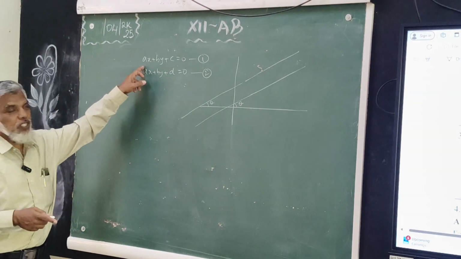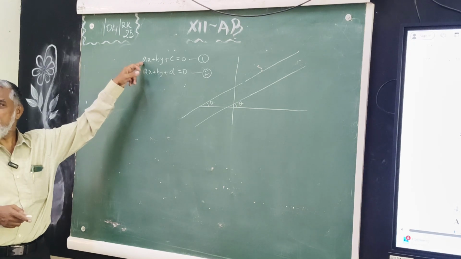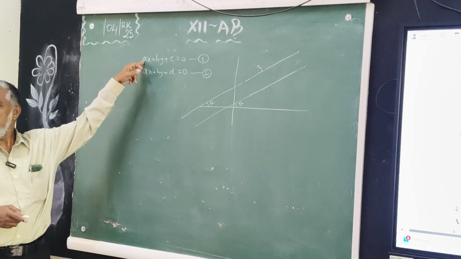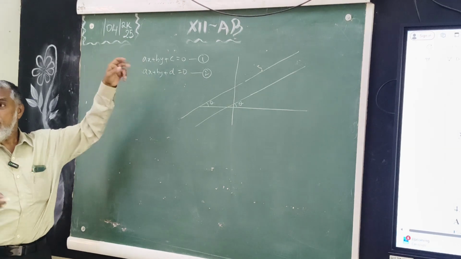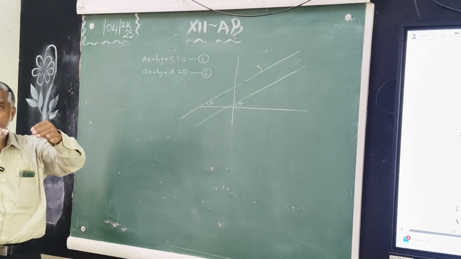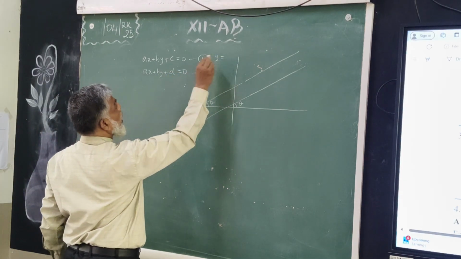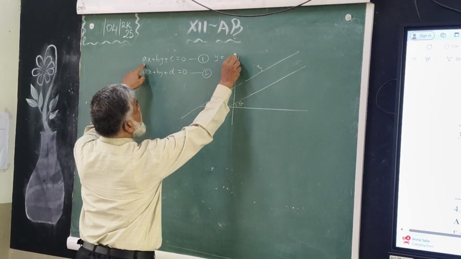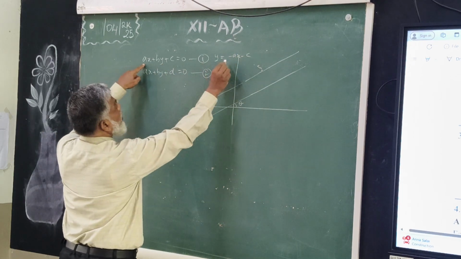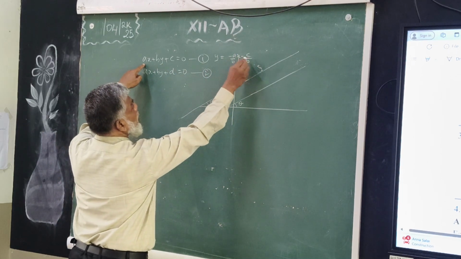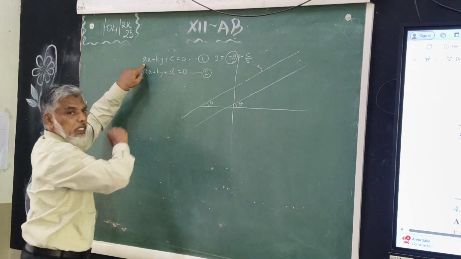Here, what is the slope of the first line? For the slope of the first line, you write it in the form y equal to mx plus c. So y equals minus ax minus c divided by b. What is m? Minus a by b.